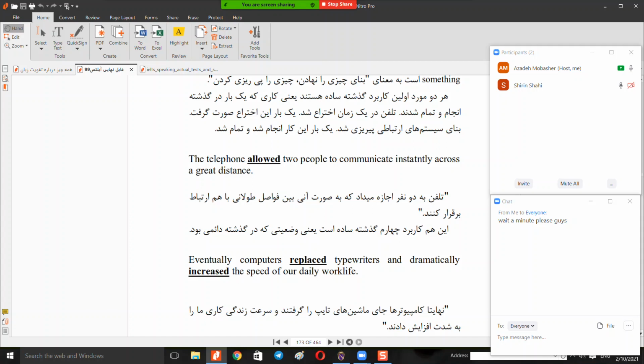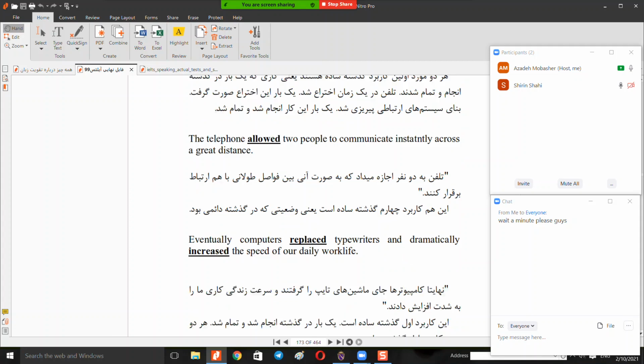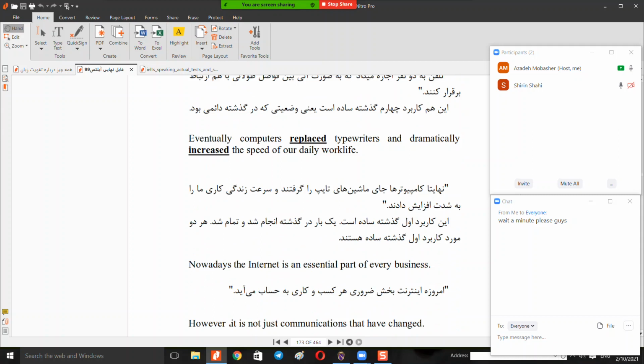Okay. And also in the next sentence: eventually, computers replaced typewriters and dramatically increases the speed of our daily work life. Can we use increases in this text also? Of course not. First of all, because it's computers and it's plural, so you don't say increases. And second, because it was about something in the past.